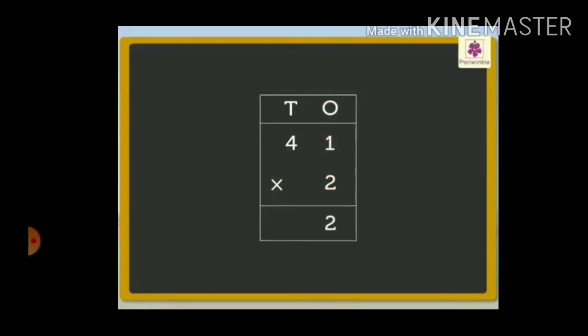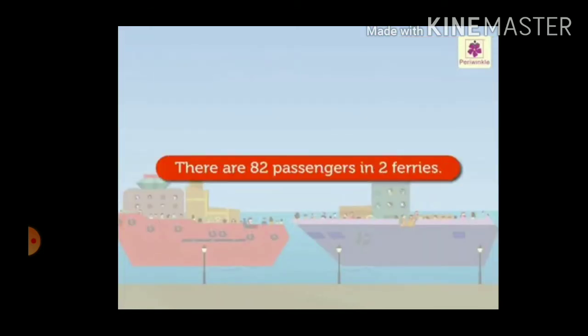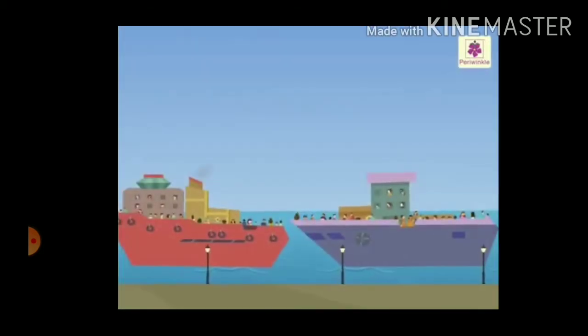Now, multiply the digit in the tens place with the multiplier 2. Therefore, 4 into 2 is equal to 8 tens. We found the answer. In totality, the 2 ferries can carry 82 passengers. Wow! The ferry ride was awesome.